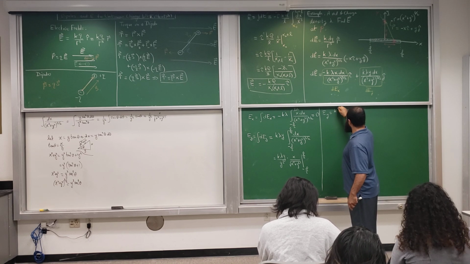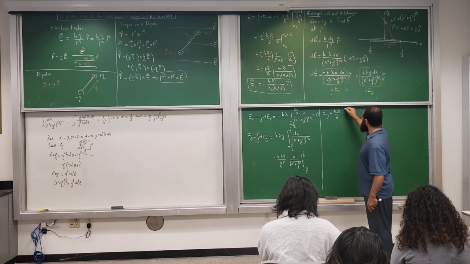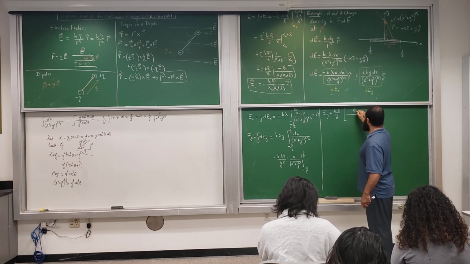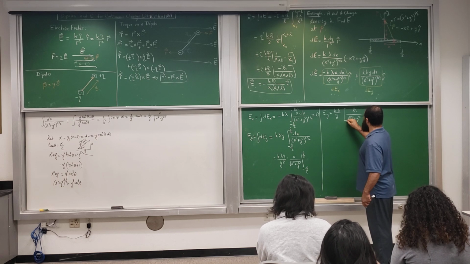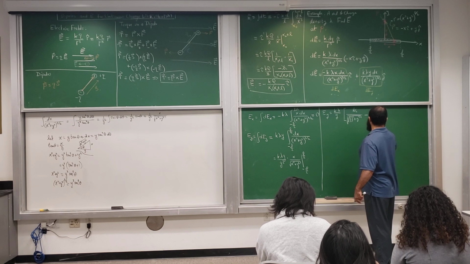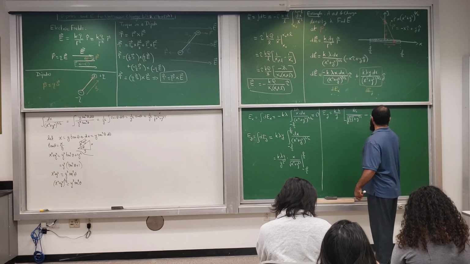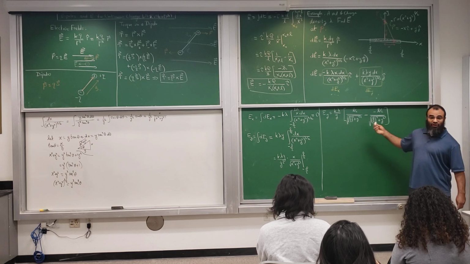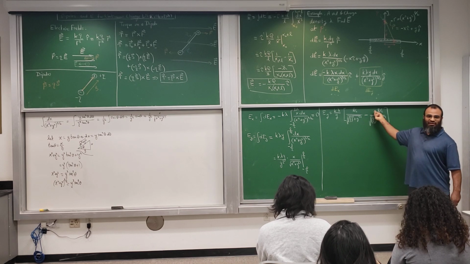So I get E_y is going to be k lambda over y, times, let's substitute, L over 2 over the square root of L over 2 squared plus y squared, and then minus minus L over 2 over the square root of L over 2 squared plus y squared, like so, right? And here's why you can just double it, because what's minus minus?